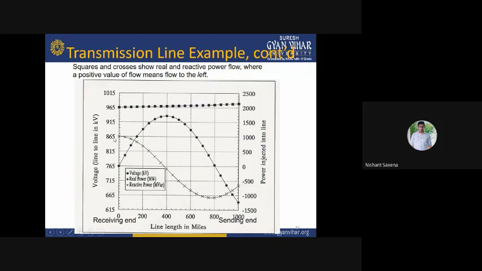As you can see, this is the voltage in kV, this is the reactive power in MVAR, and this is the real power. The real power almost tries to be constant, but the voltage is consistently changing. When we increase the reactive power with real power, the reactive power reduces. But after reducing to some point, the reactive power again increases and the voltage continues to reduce.